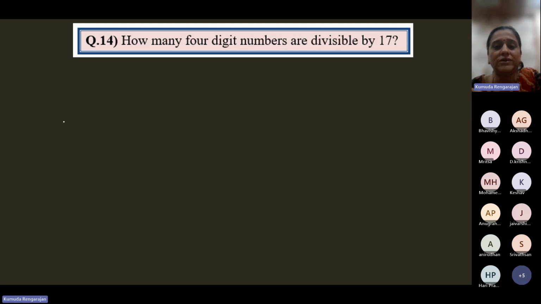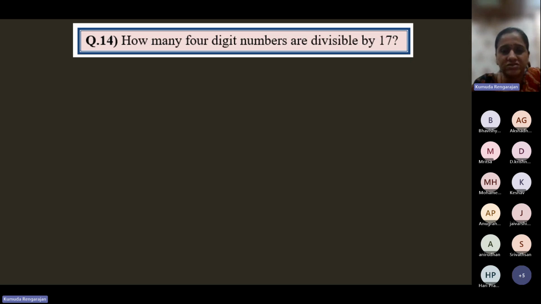The terms of the AP will be all the 4-digit numbers divisible by 17.